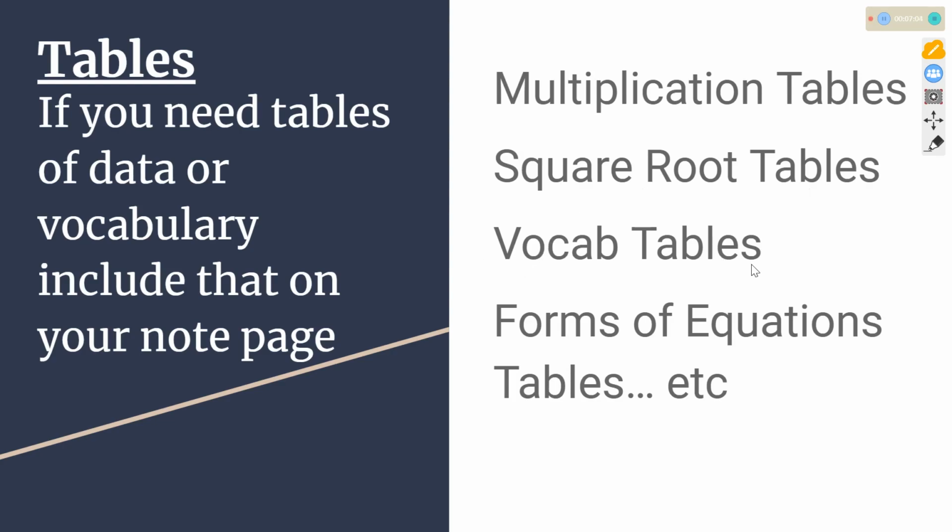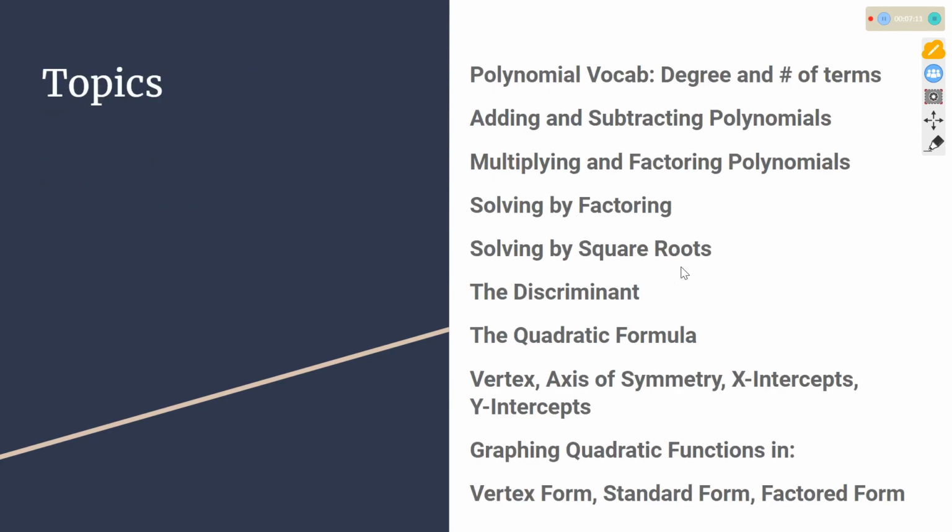A vocabulary table, such as the table that we used at the beginning of the year to help us organize the degree and the number of terms of a polynomial. A lot of students today started copying that onto their page of notes, and that's not a bad way to start, so that you start the test off with the correct answer.